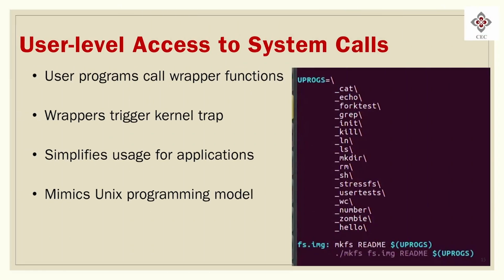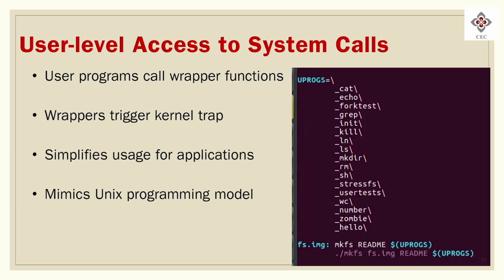The user-level programs call wrapper functions. Wrapper functions are add-on functions apart from the basic functions. These wrapper functions can be used for triggering the kernel trap, to enhance the system call's functionality by calling the respective driver software if necessary to give the output as per the system call's requirement.